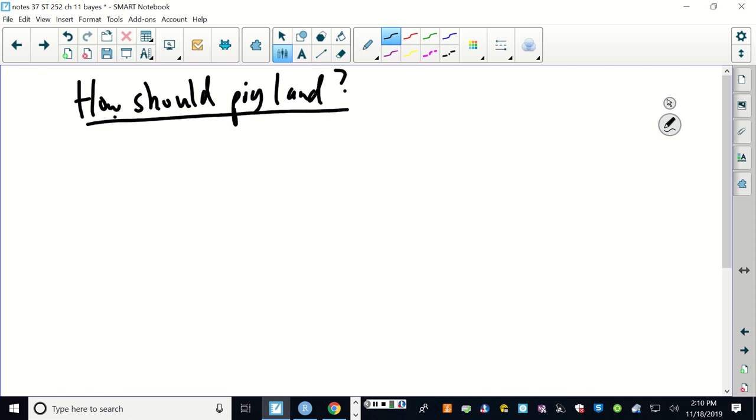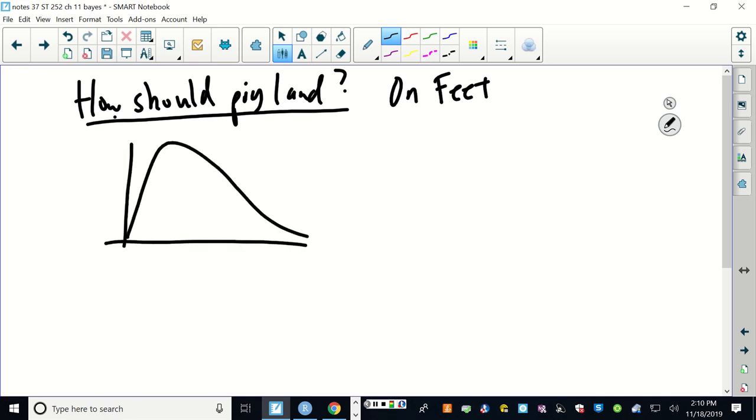What do you want to count? What outcome do you want? On its feet, standing up on its feet? Okay. Before you do any more experimenting, we need to come up with some prior distribution. Do you think this is a high probability event or a low probability event? Low? Pretty low? What if we do a beta 2, 6?